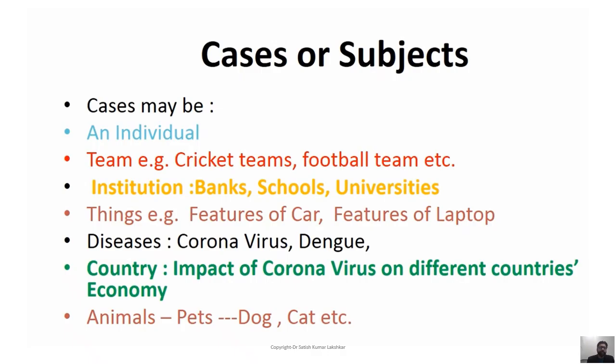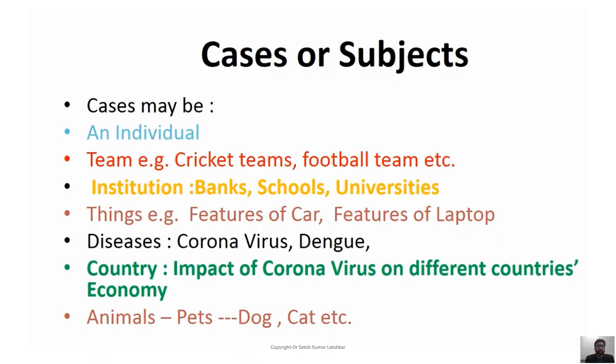Now, as I mentioned about the variables, cases or subjects: cases or subjects may be individuals. For example, a cricket team, a football team, or an institution, maybe a bank, a school or a university.